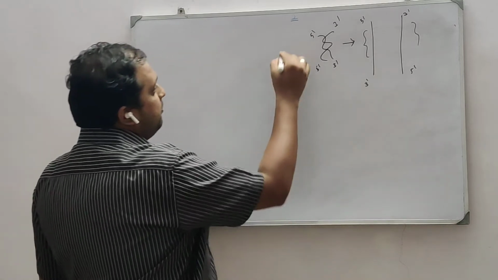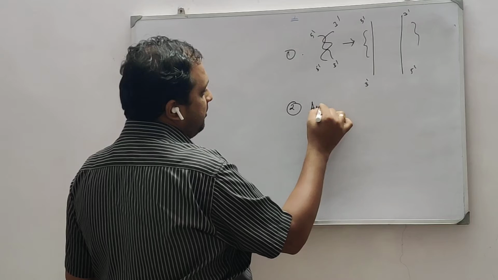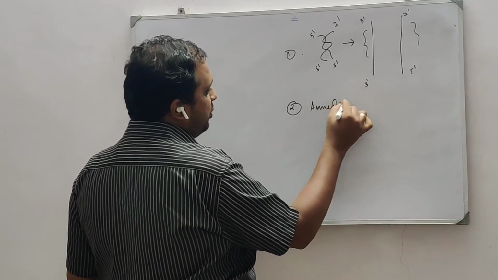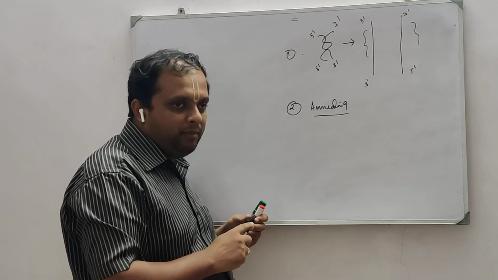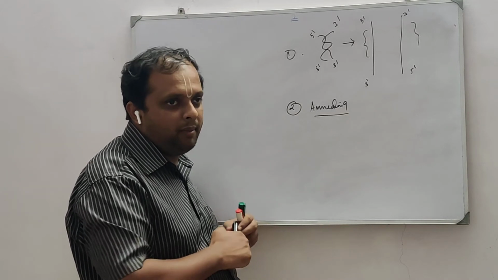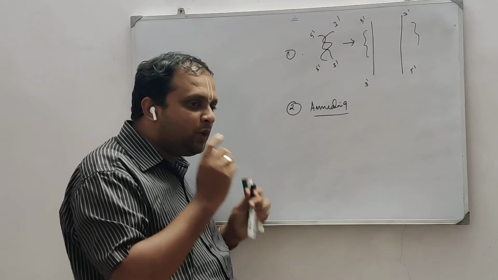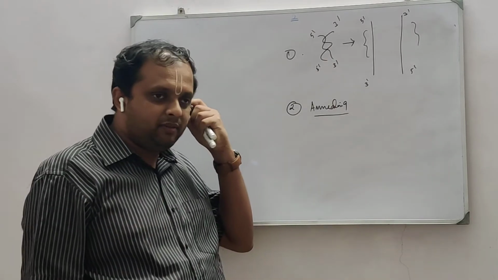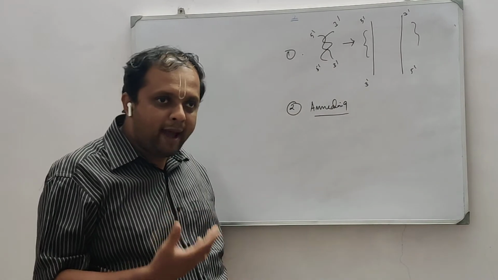So first is denaturation, second is annealing. What exactly happens in annealing? You have added something called a primer in the PCR mix. You remember? A primer is a set sequence of nucleotides that we design through various software available now, or it can also be done manually.